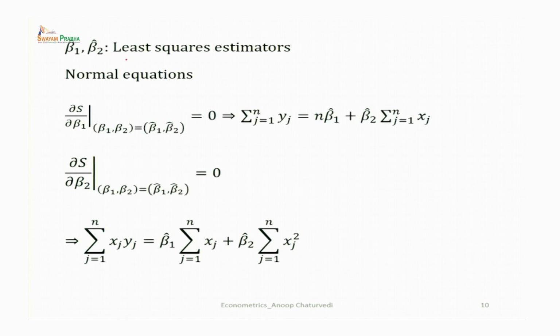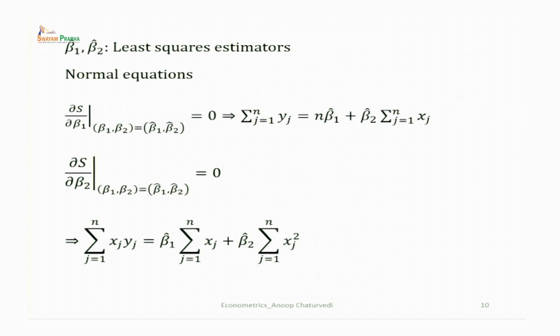and we denote the resulting estimators, which are called the least squares estimators, by beta 1 hat and beta 2 hat. Again, to obtain beta 1 hat and beta 2 hat, you have to minimize S, and for that purpose we differentiate S with respect to beta 1, and then we write beta 1 equal to beta 1 hat, beta 2 equal to beta 2 hat.